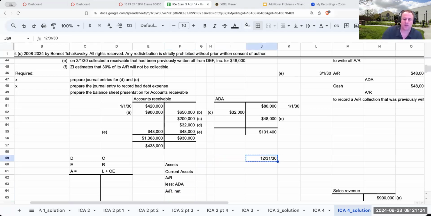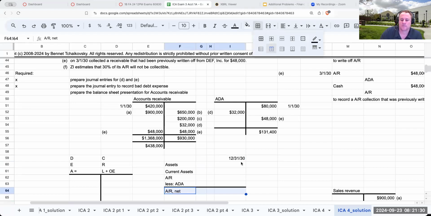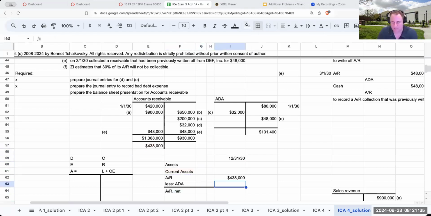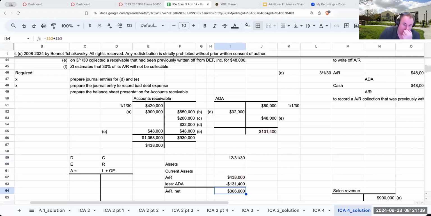Coming over here, my AR has a balance of 438. My allowance for doubtful accounts is 131,400, which gives 306,600.